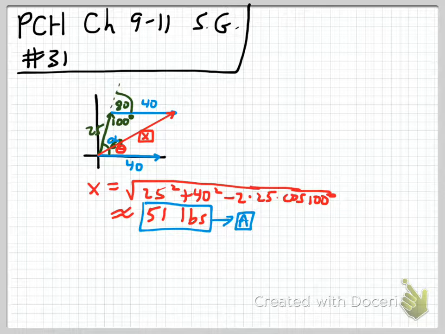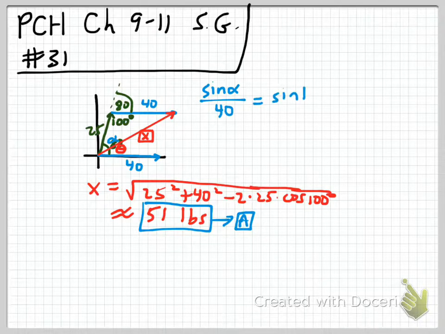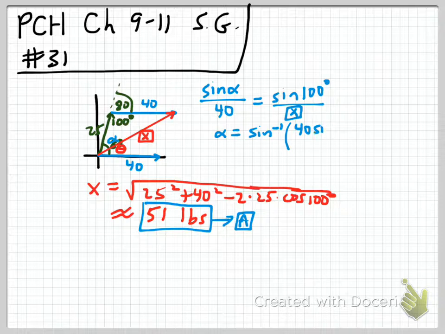So the sine of alpha divided by the side opposite is equal to the sine of 100 degrees divided by that value that you just stored. Then alpha equals the inverse sine of 40 times the sine of 100, divided by that x.